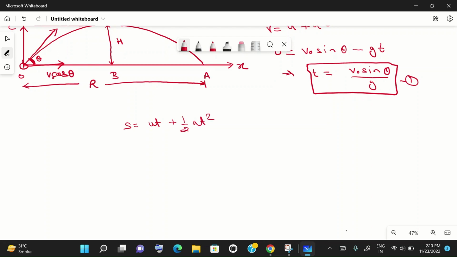Considering the x direction, x is equal to ut, where the initial velocity in the x direction is v naught cos theta, plus half a t square, where acceleration is 0 because acceleration is working only in the vertical direction. So x will be v naught cos theta times t.